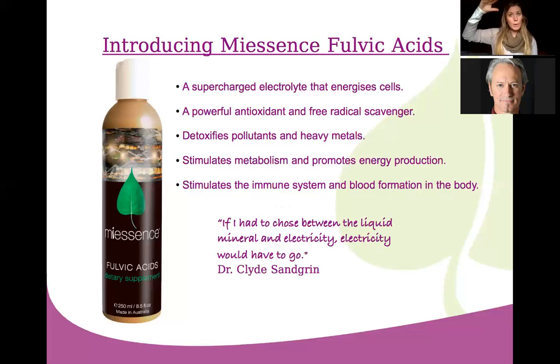Somewhere in between peat, which is on the surface and very wet, and coal, which is very deep in the earth and very dry and hard, is a substance called leonardite, oxidized lignite, which is a type of shale.